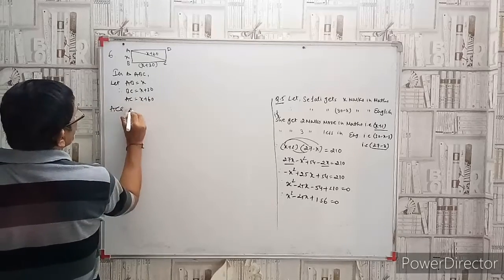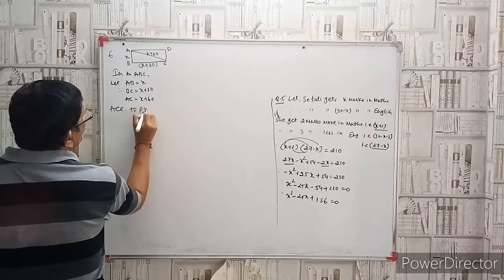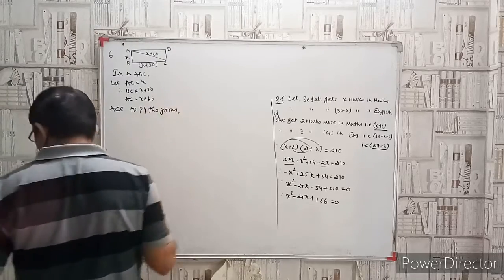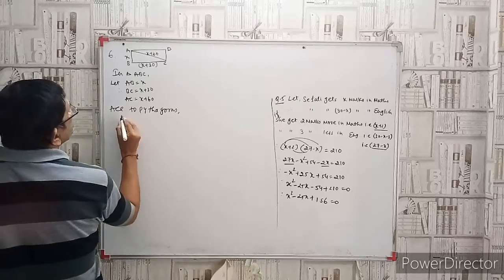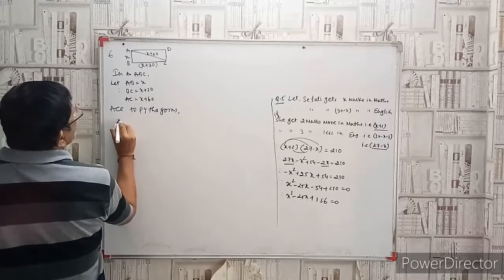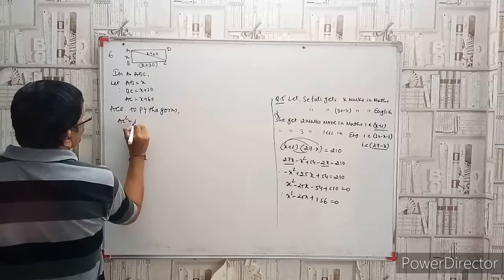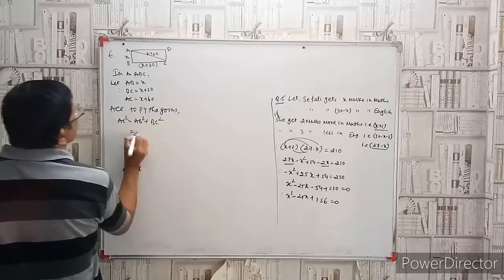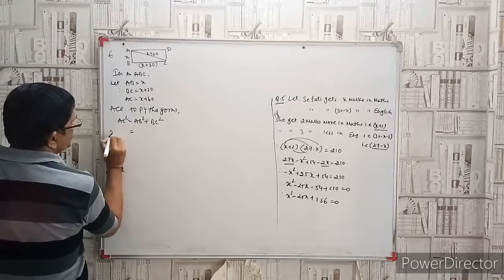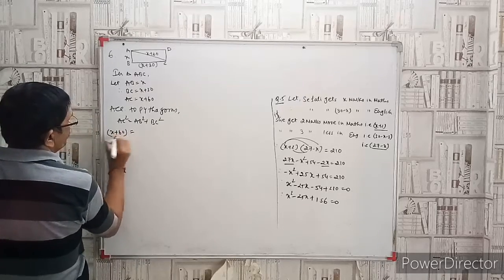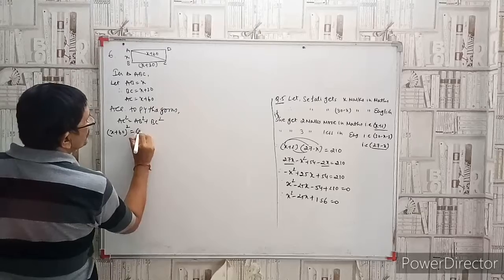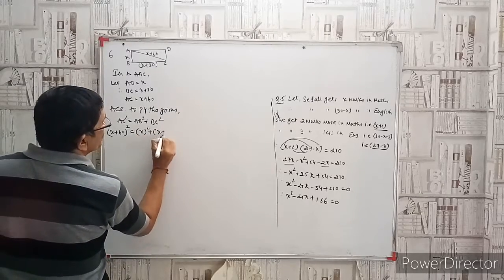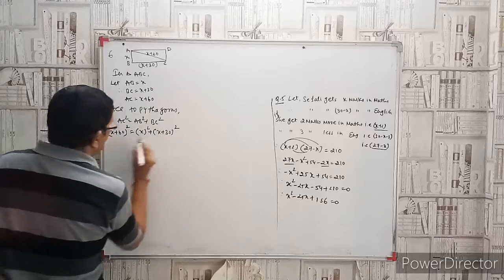According to Pythagoras, AC square is equal to AB square plus BC square. So AC square, that is x plus 60 whole square, AB square x square, and BC square x plus 30 whole square.